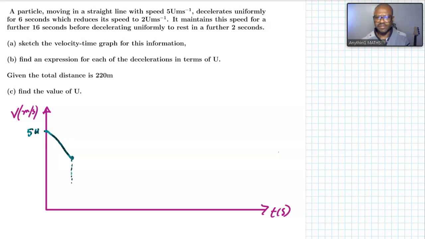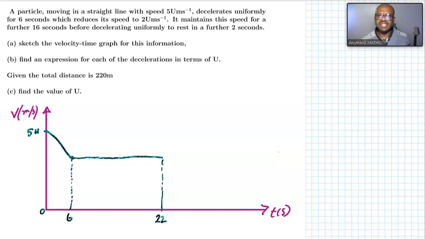So this place will be 6. Let's put 0 here. And it maintains that speed for 16 seconds. When you add 16 to 6 is going to be 22 seconds.